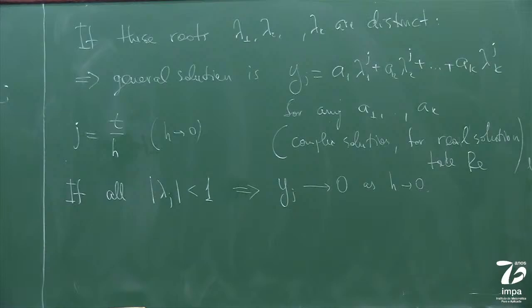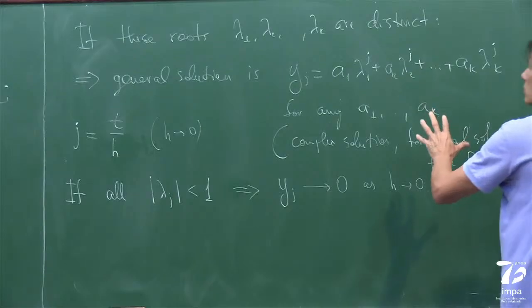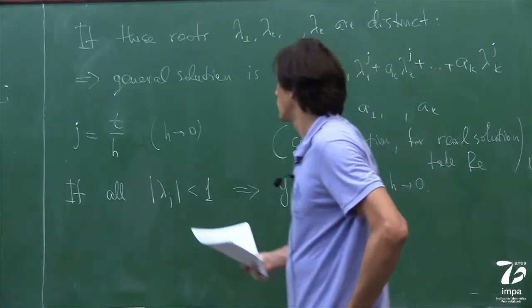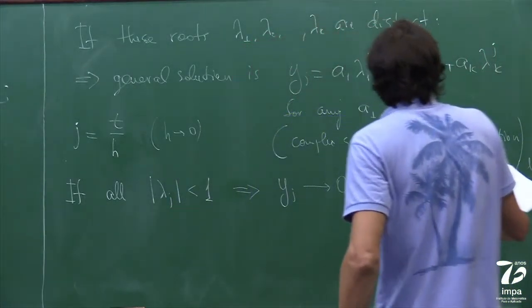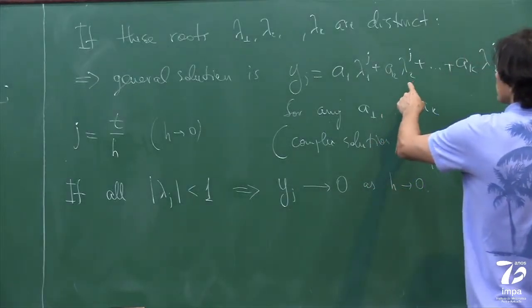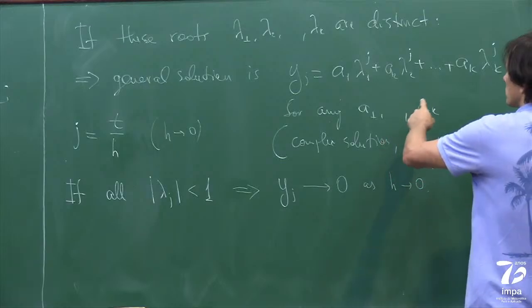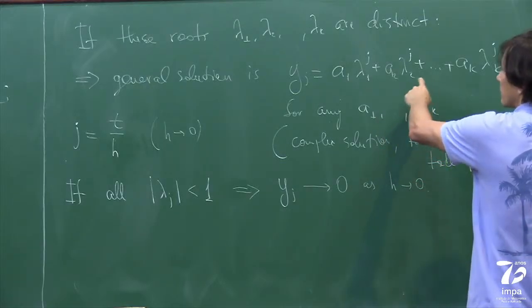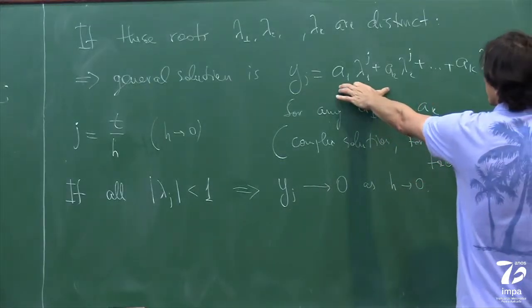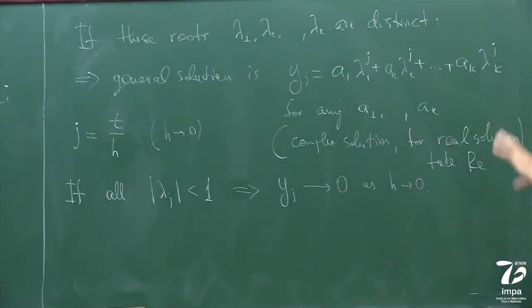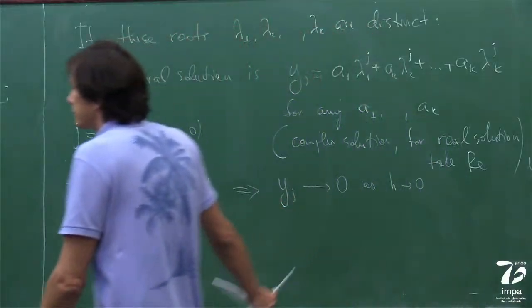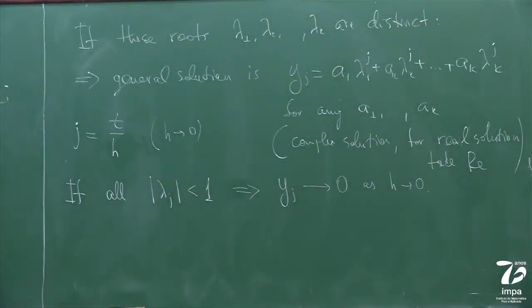Essentially, it's a bit more sophisticated than that, because when you take the limit, the prefactors may also depend on h. But anyway, the analysis that we did before essentially works.